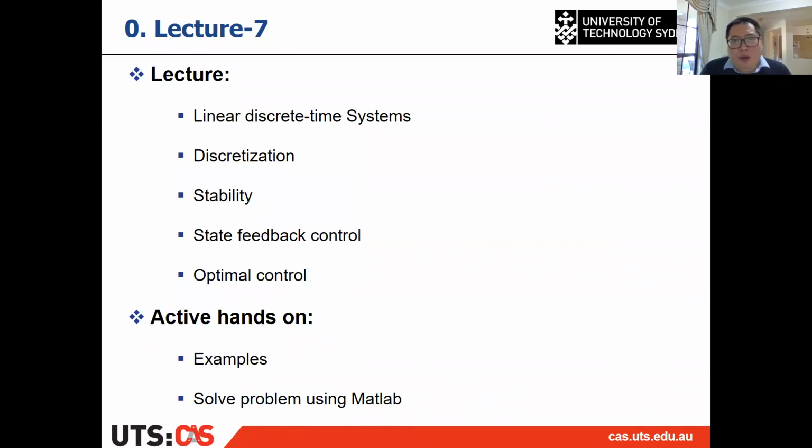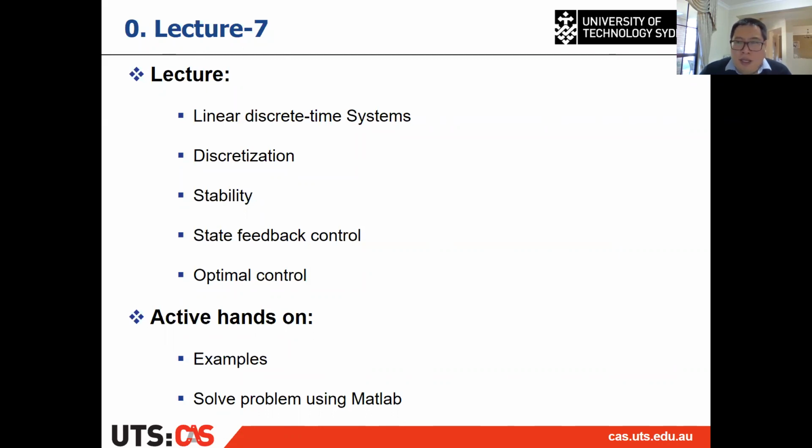First, we will introduce the linear discrete time system, the standard formulation, and also some examples about how to formulate the control system from the real case. All right, and the linear discrete time system, I will introduce a little bit later.